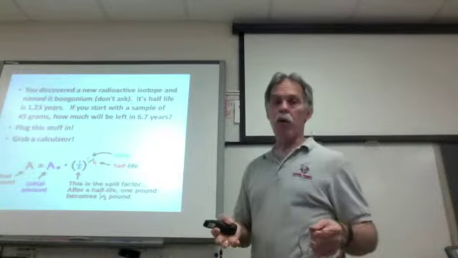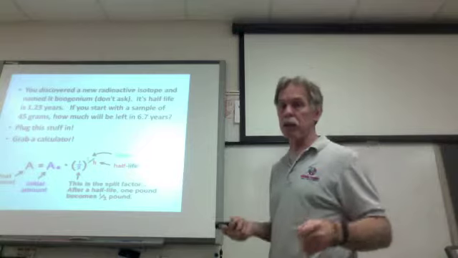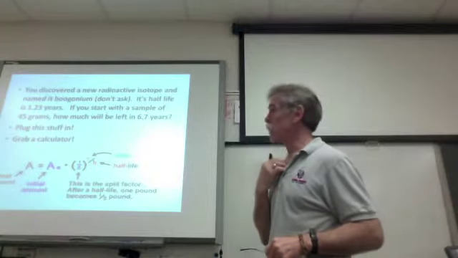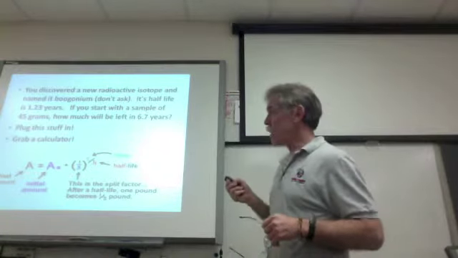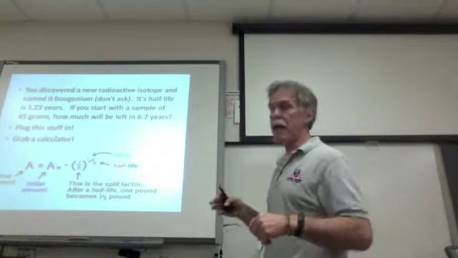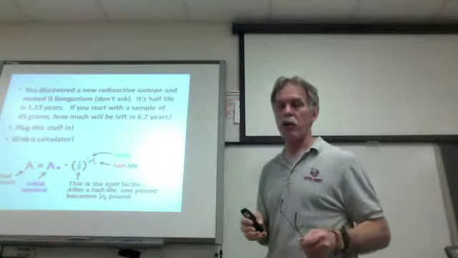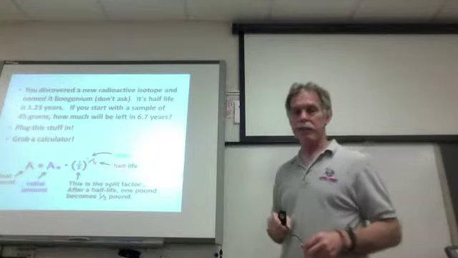So here's how we would plug this in. If we had a question like we just had, let's say that we had the one that we dealt with, polonium-218. So let's say we had 10 grams, and that would be 10 grams times 1/2 raised to the t over h power. Here's how we enter that on the calculators that I have in my room. They have a y to the x key.